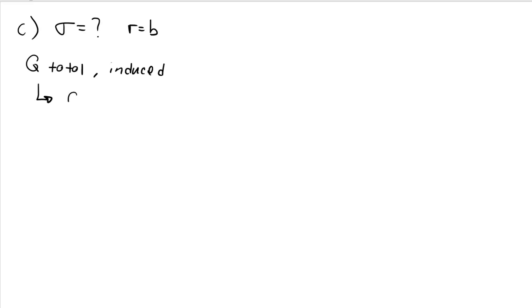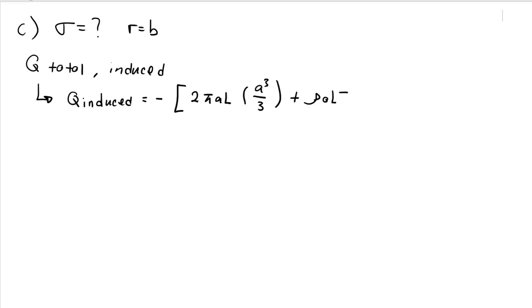So from this, we can say the induced charge is equal to negative 2 pi A L A cube over 3 plus rho naught L pi B square minus A square bracket.